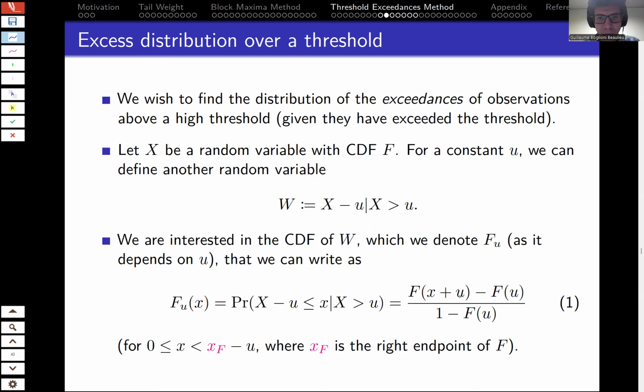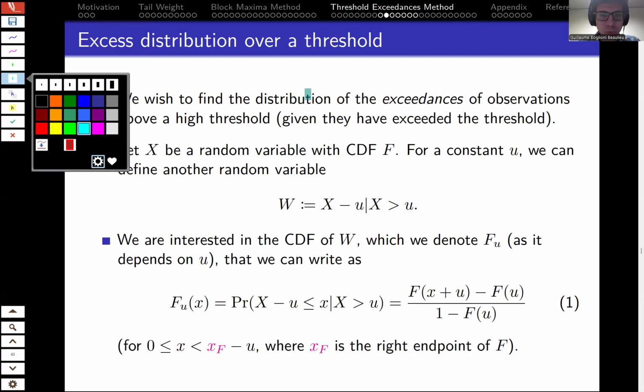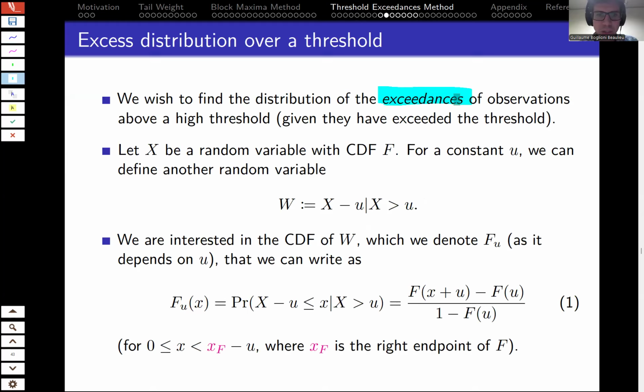Before we state the theorem, we have one more slide of setting up stuff. So again, our goal is to find the distribution of exceedances of observations above a high threshold.